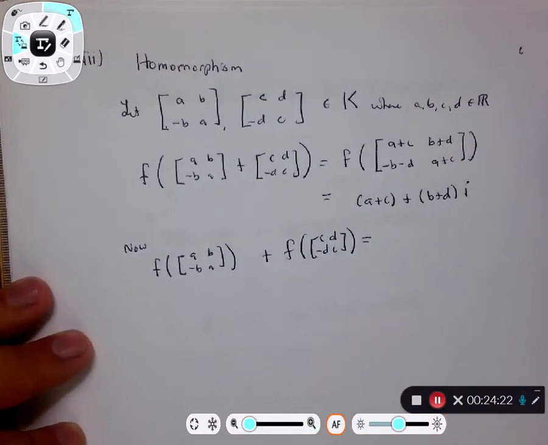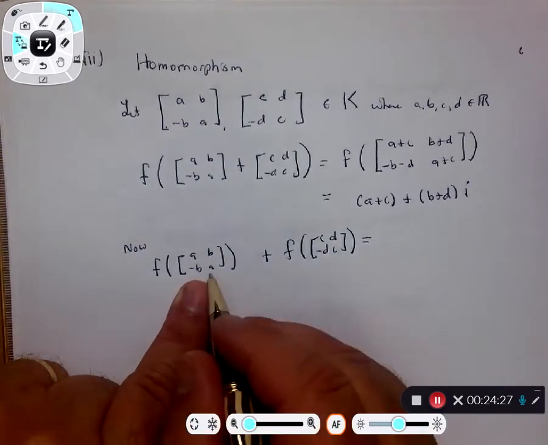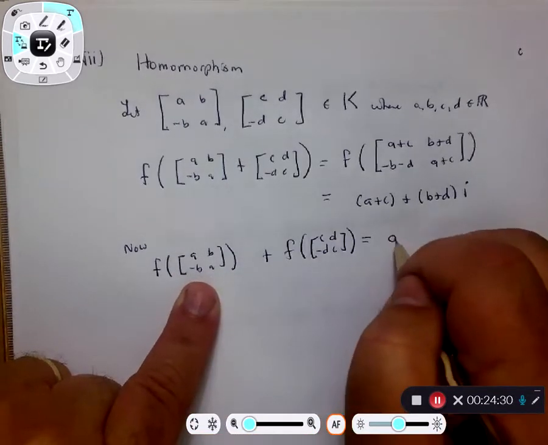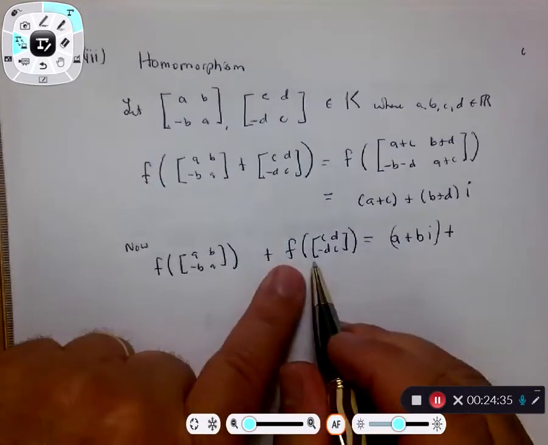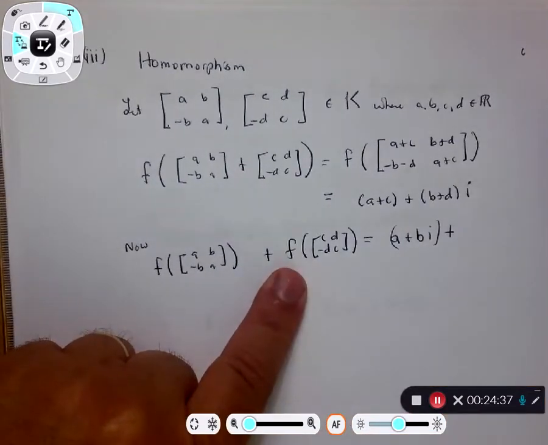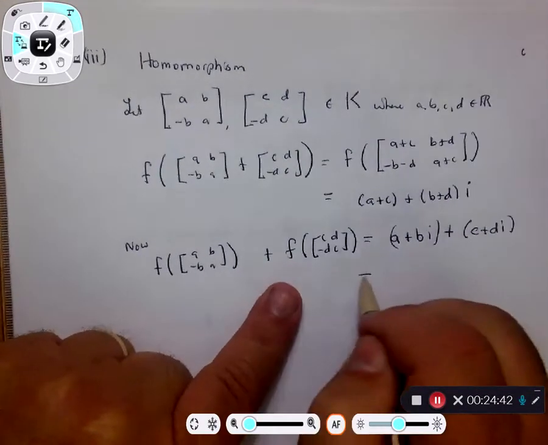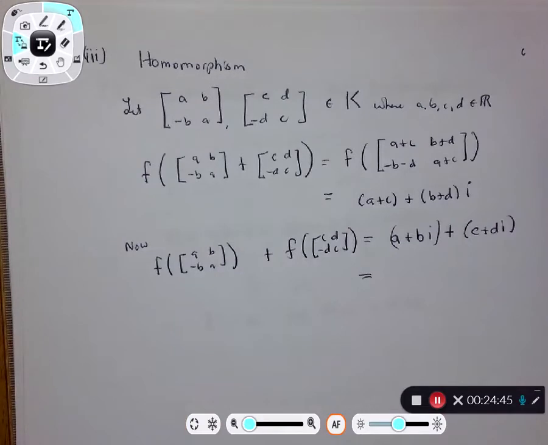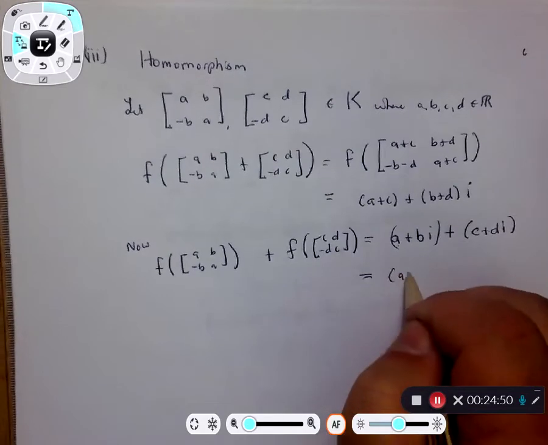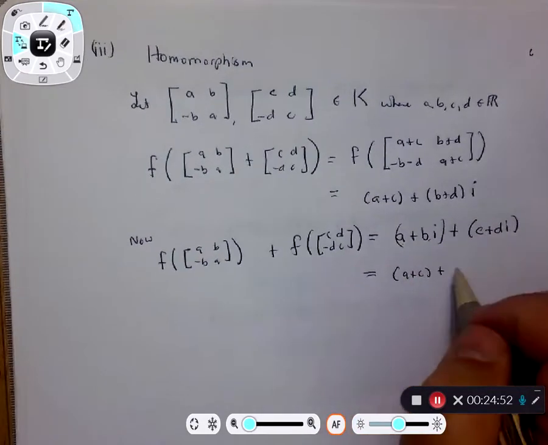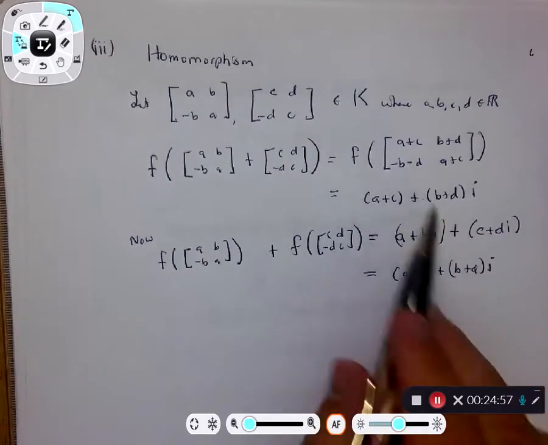By substitution, f of a, b, negative b, a, as we defined f, would be the complex number a plus bi, plus f of c, d, negative d, c, which maps into the complex numbers as c plus di. And how do you add complex numbers? You add their real parts and you add their imaginary parts. So this will be a plus c plus b plus d, denoted with an i, and they're equal to each other.